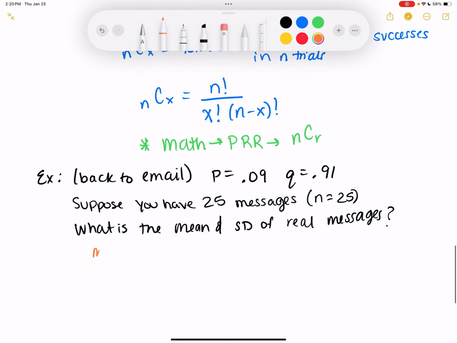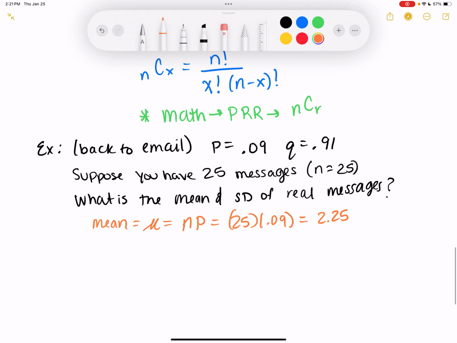So the mean is N times P, which is 25 times 0.09, which is 2.25. Standard deviation is the square root of NPQ, which is the square root of 25 times 0.09 times 0.91, which would be 1.43.